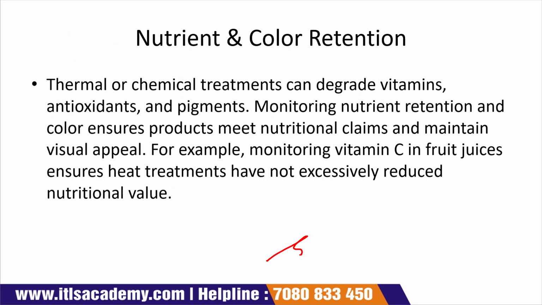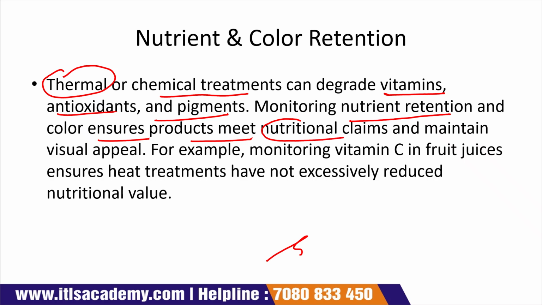Nutrient and color retention. When we apply a thermal preservation technique or a chemical treatment, both can affect the nutritive value of the food product or even its color. It can degrade the vitamin content, antioxidants, and the pigments. Monitoring nutrient retention and color ensures that the product meets its nutritional claims and maintains its visual appearance.